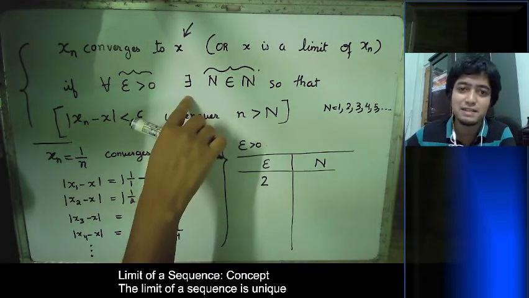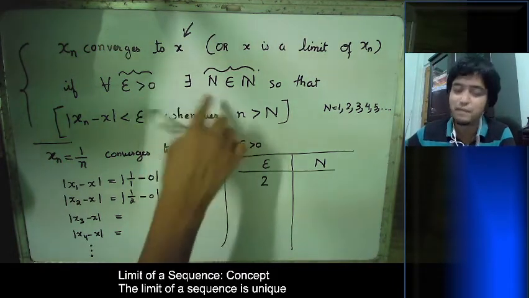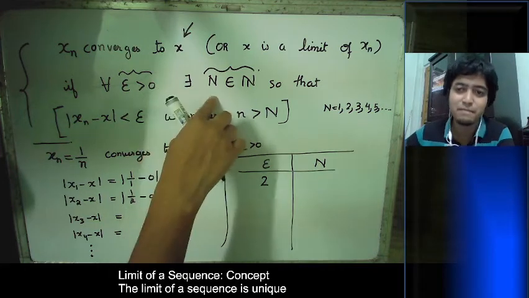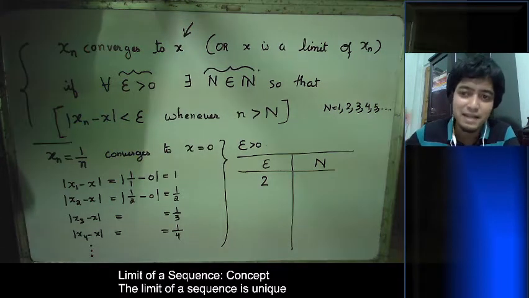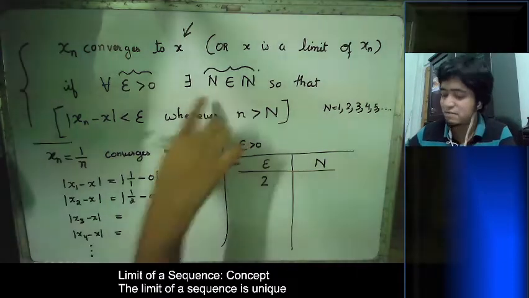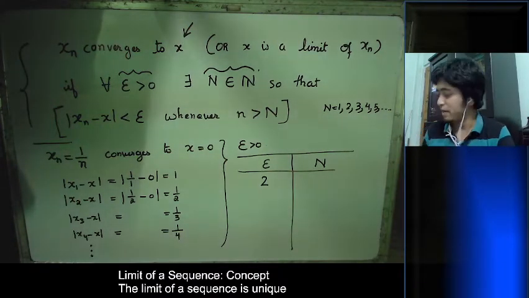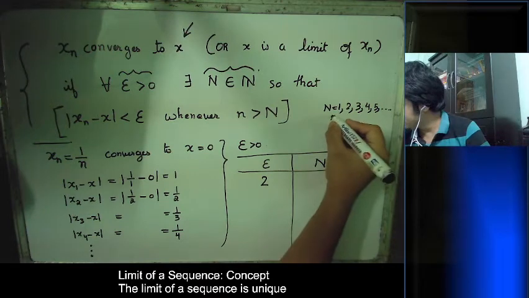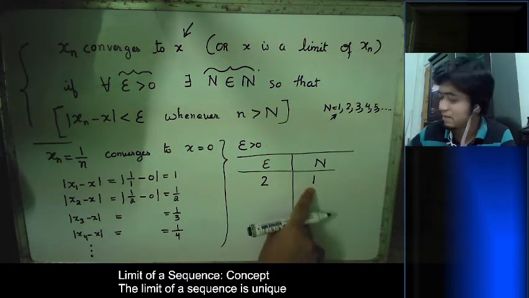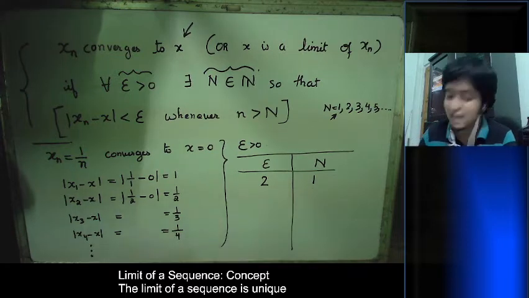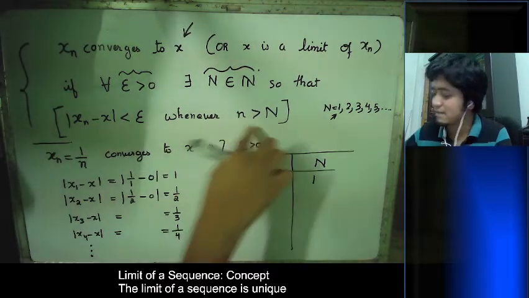There exists at least one. Even though it's not mentioned over here, whenever we are using the words there exists, it means there exists at least one natural number N. So let us see. If you give 1, let us say that you are giving me this N equal 1, we will check whether it satisfies this condition or not.